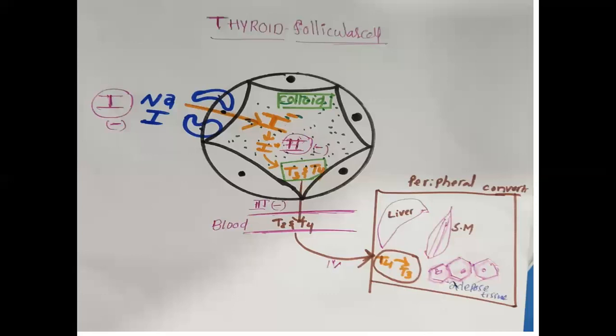Like monoiodothyronine will bind with diiodothyronine, which will form triiodothyronine, nothing but T3. And diiodothyronine coupled with diiodothyronine will form T4, that is tetraiodothyronine.